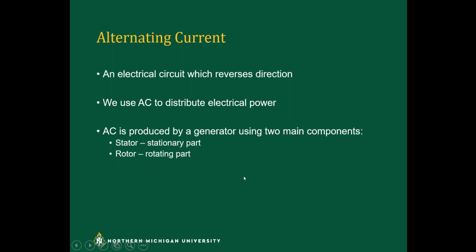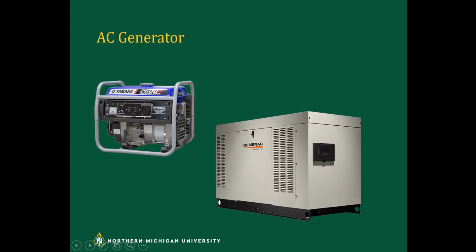We have a stator and a rotor, a stationary and a rotating part. I'm not going to go into too much depth on how the generators work, but here's a portable one. Here's a smaller one for a light commercial or residential home. It's probably a little big for a residential home, but different examples of them. We would use generators in our facilities for backup power, not really for primary power, because we can typically pull those right off the grid.